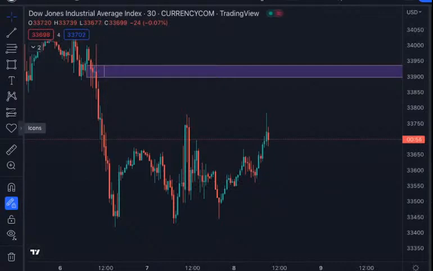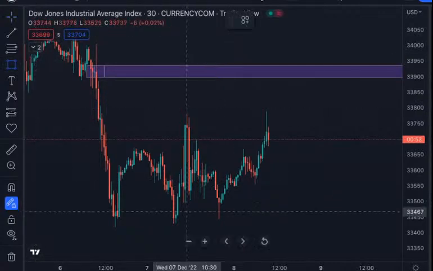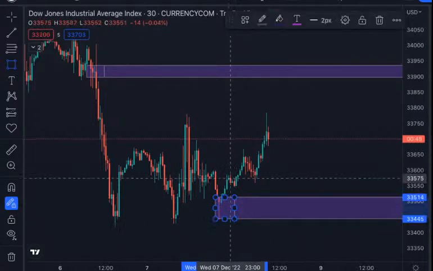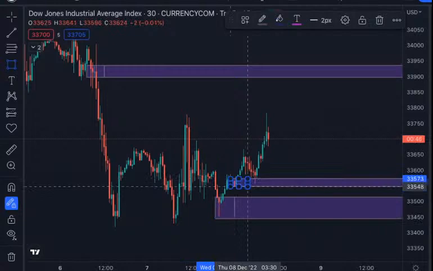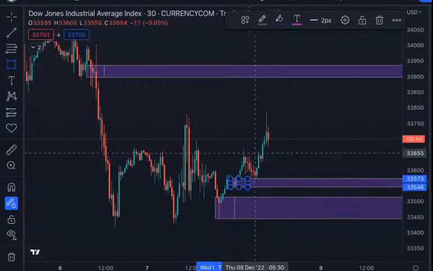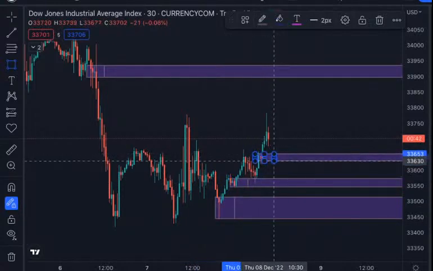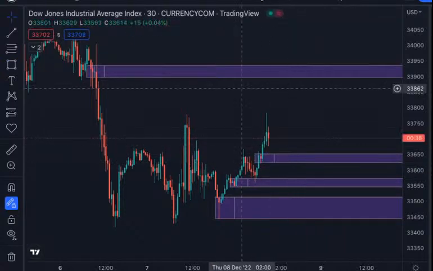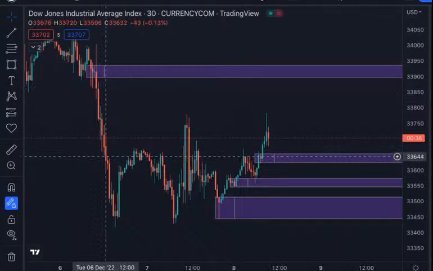Market is opening in less than a minute.